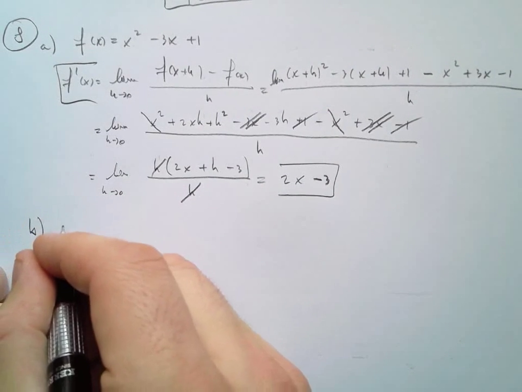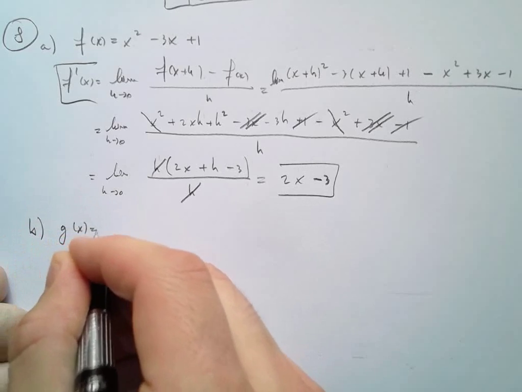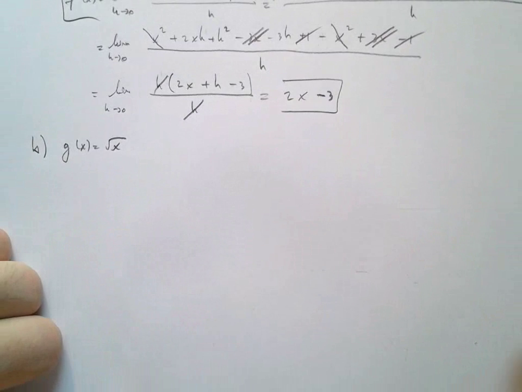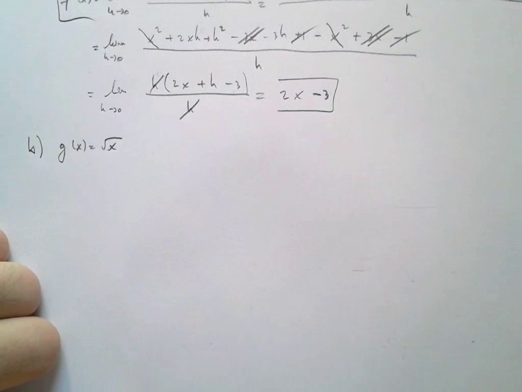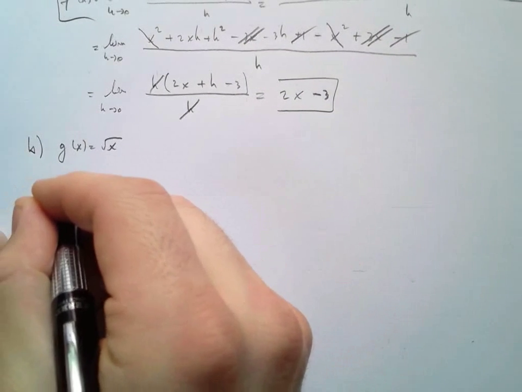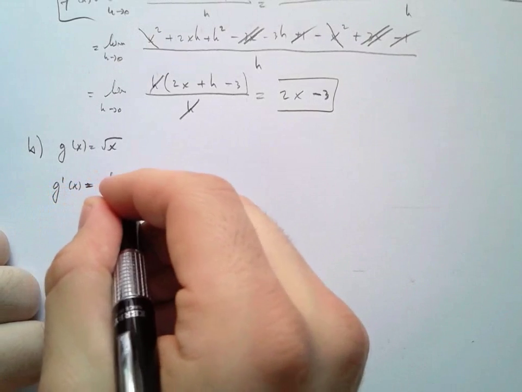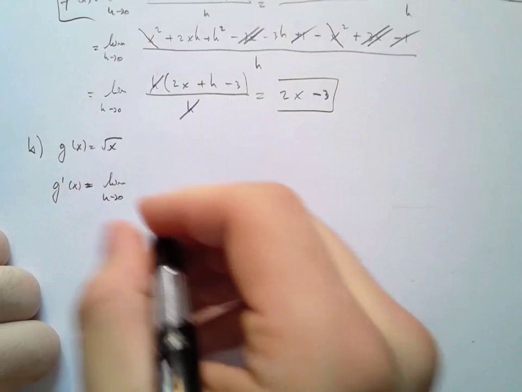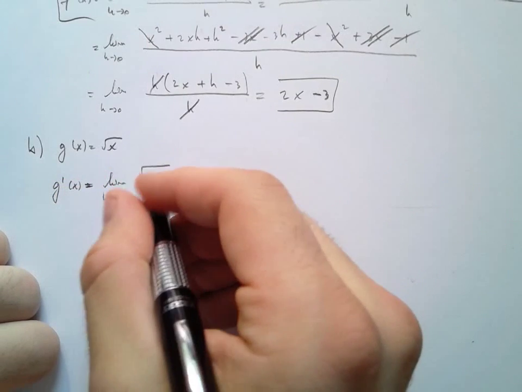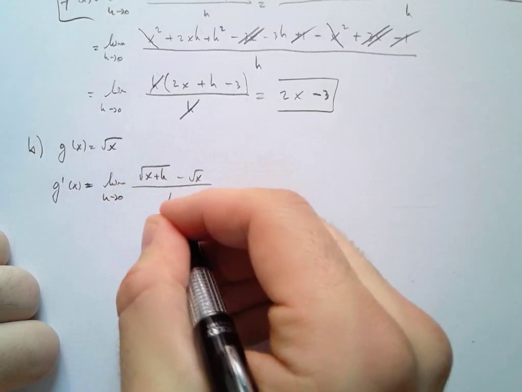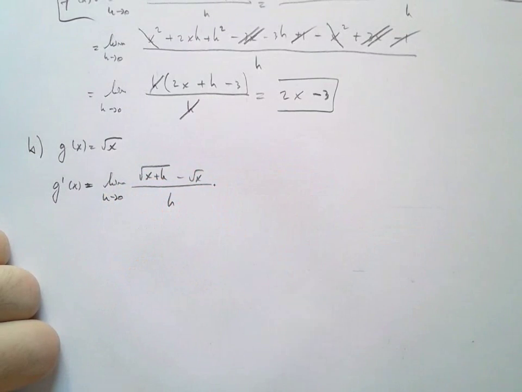Let's look at part B, which has the function g of x equals square root of x. The technique for that, of course, is that we're going to have to use the conjugate, right? So g prime of x is the limit as h goes to 0 of root of x plus h minus root x all over h, and now I have to multiply by the conjugate.